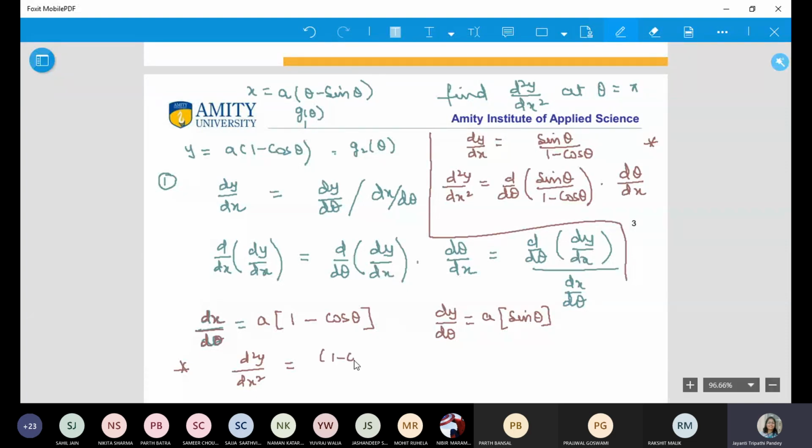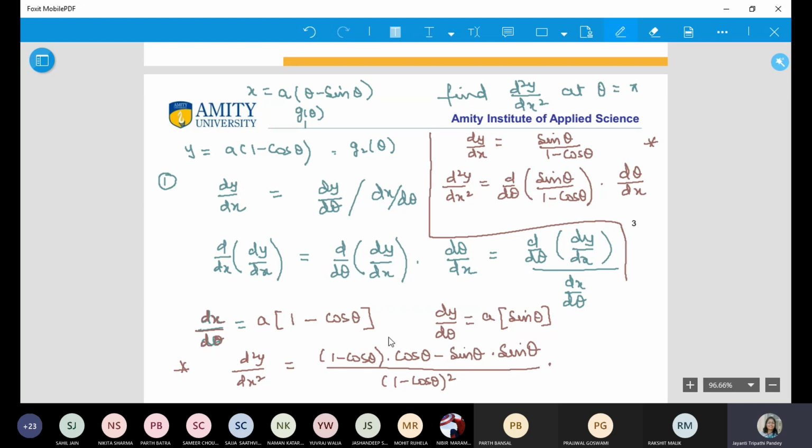So 1 minus cos theta into cos theta minus sine theta, when you differentiate 1 minus cos theta you will get sine theta, right? Into sine theta, over 1 minus cos theta square, into d theta by dx.